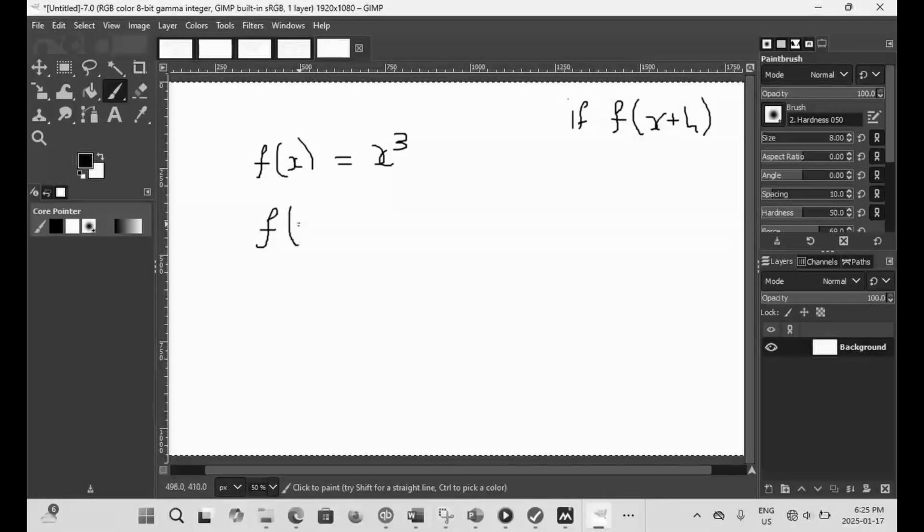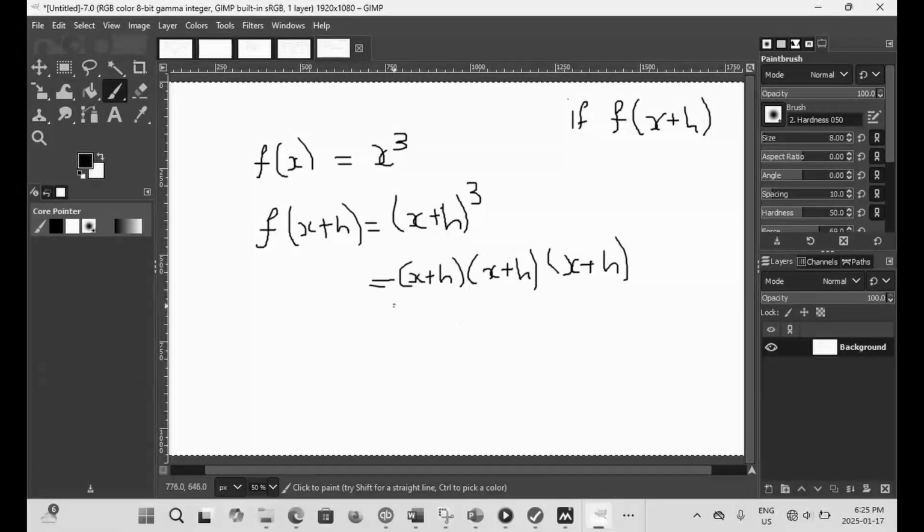So this will be f at x plus h equals x plus h cubed. So this will be x plus h into x plus h into x plus h.